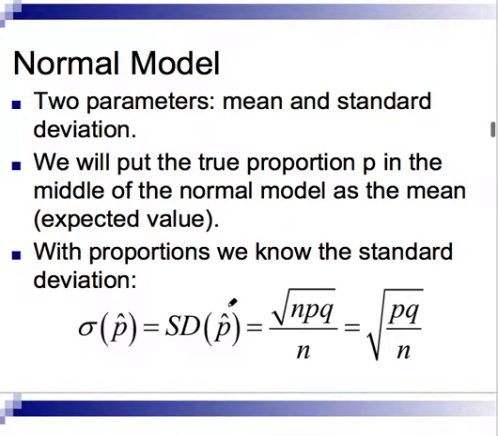Okay, so with proportions, these are our standard deviations. So the standard deviation of the sample proportion, the p hat, is what I meant. Okay, and then we simplify this. So the square root of npq, that should look familiar because we just did this with binomial distributions.